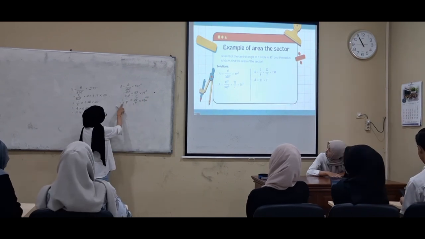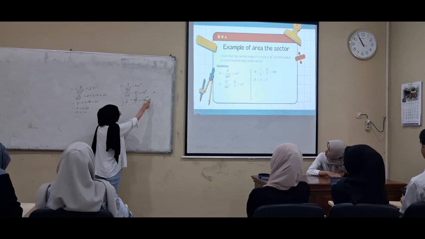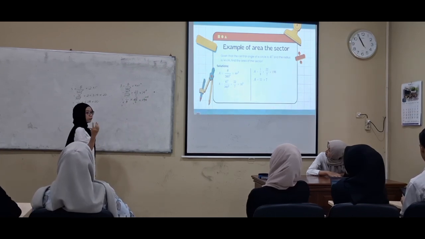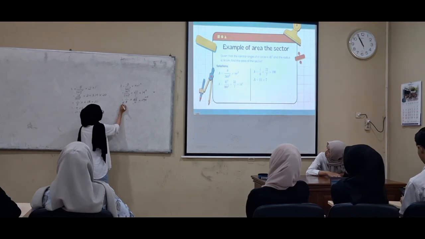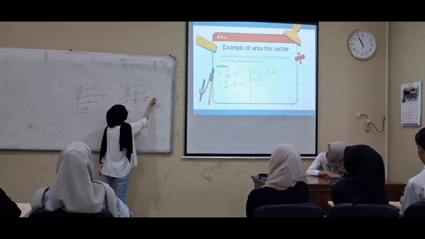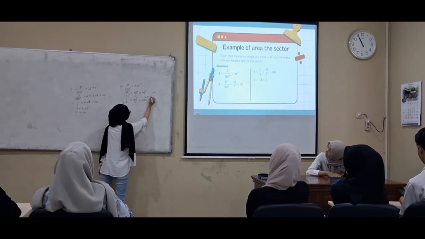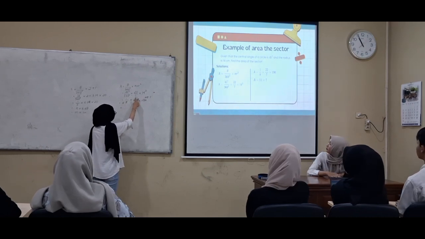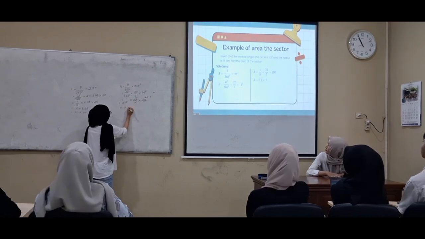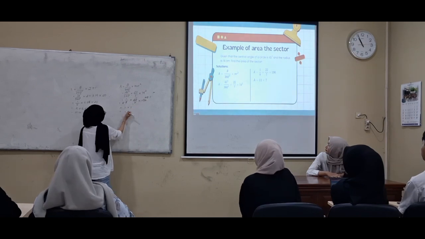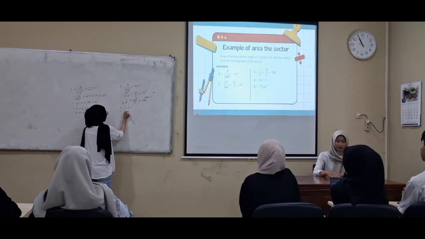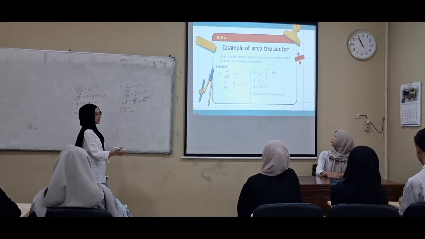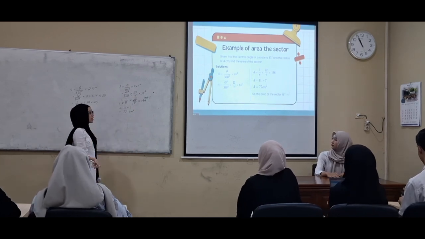And then 4 in here and 28 simplify. Divided by 4. 4 divided by 4 is 1. And then 28 divided by 4 is 7. And then 1 times 11 is 11 times 7. Okay. 11 times 7 is 77 centimeters squared. So the area of the sector is 77 centimeters squared.